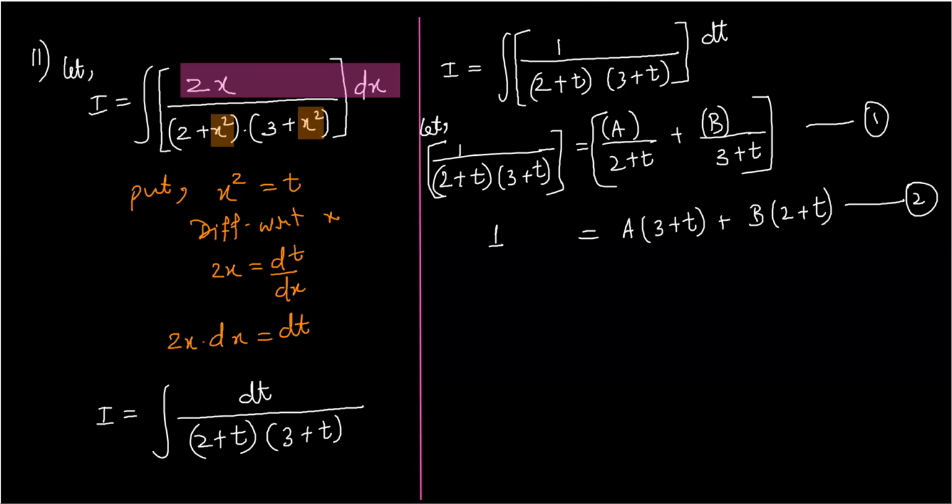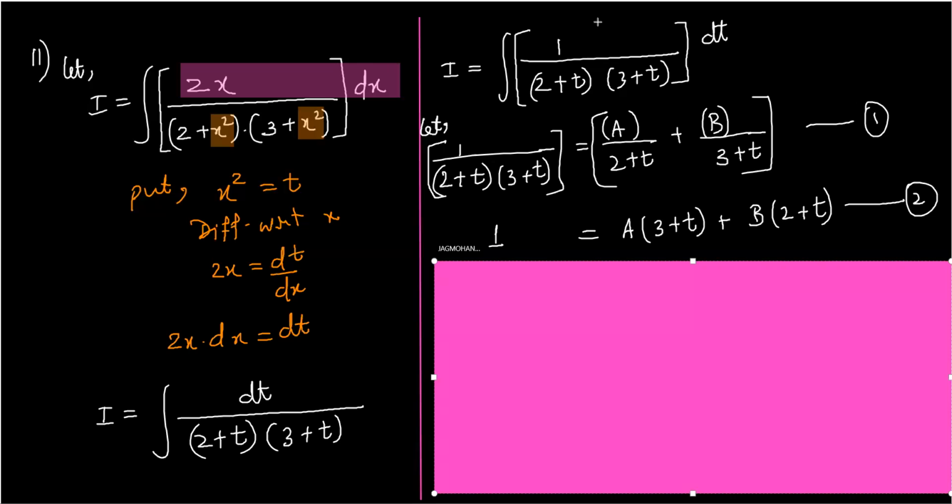Now, what is the faster method? I shall be writing it here. Please see, the faster method goes as follows. If the numerator is 1, and you have 2 plus t and 3 plus t, what you should do is see the difference between these two.